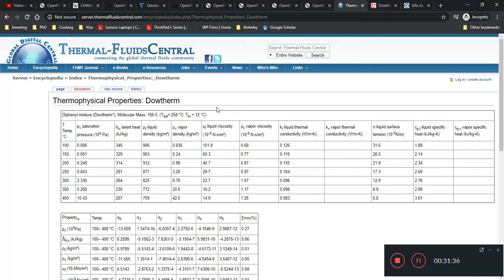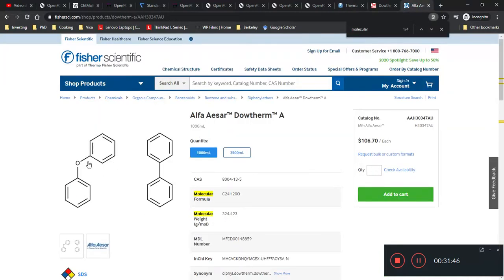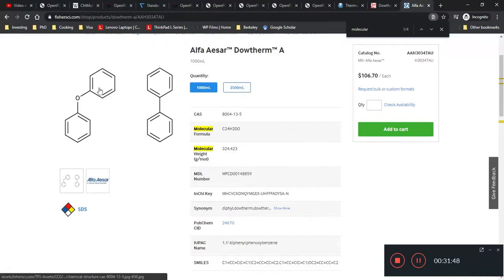That's usually better. I can explain a little more next video, but basically it's taking the average molecular mass of these two molecules and pretending the whole mixture is made out of one kind of molecule, and that's how the 166 comes about.